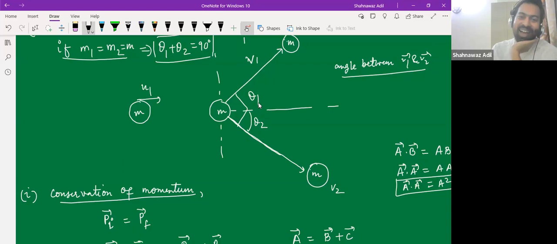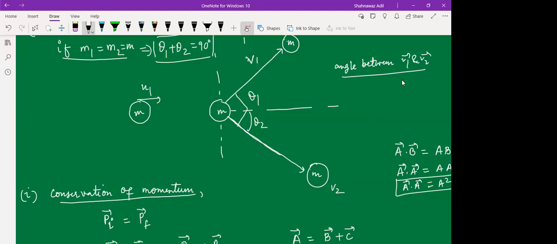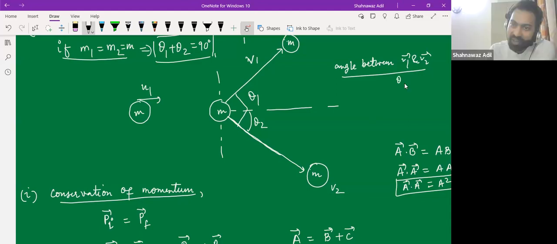Yeah, so I have written this is theta 1, this is theta 2. Now can you guys tell me what is the angle between V1 and V2? Theta 1 plus theta 2. So this part is correct, right? This is the angle between V1 and V2, and this is what we have to show, right, Akif?